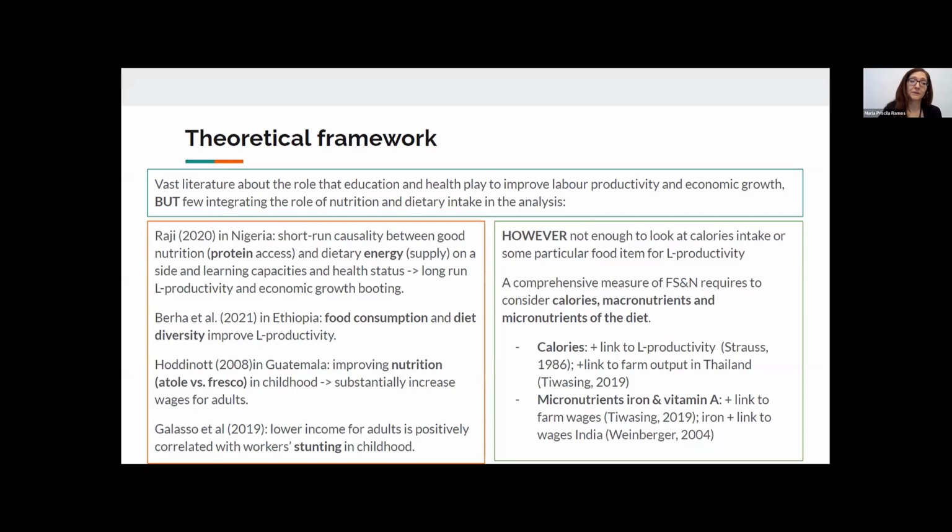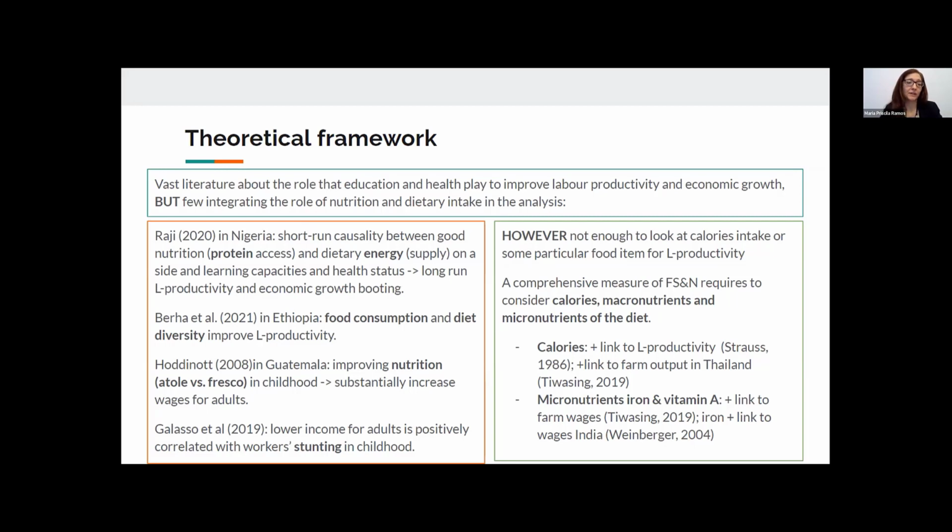On your left, there is a selection of papers that focus particularly on the short-run and even long-run causality between nutrition, dietary energy, and labor productivity through improving learning capacities and health status. And also, for example, food consumption, which is linked to quantities, and diet diversity, which is linked to the composition of the diet, also impact labor productivity.